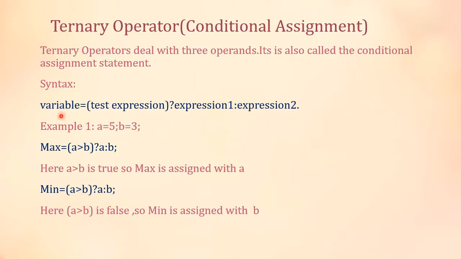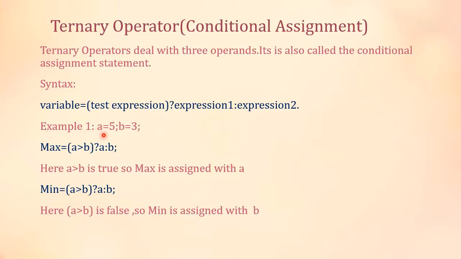This is how we use the ternary operator, with the question mark and colon. Whenever we want to use the ternary operator, we write the variable name, equal to sign, test expression, question mark, expression 1, colon, expression 2. In the example, I'll show you.